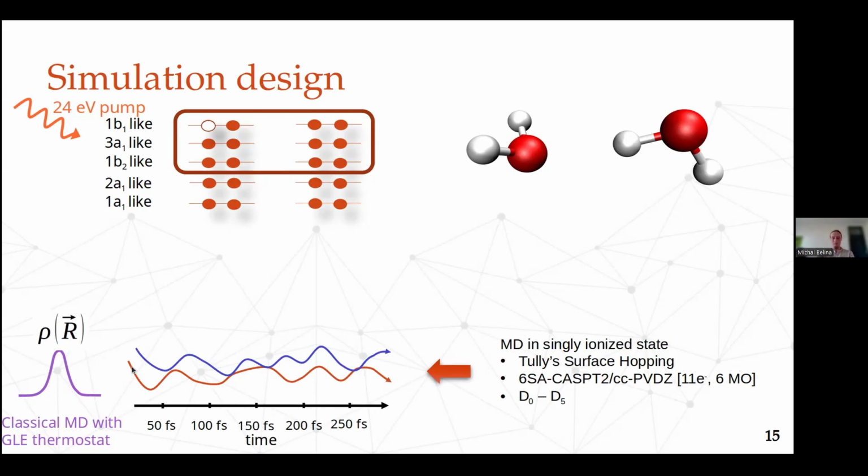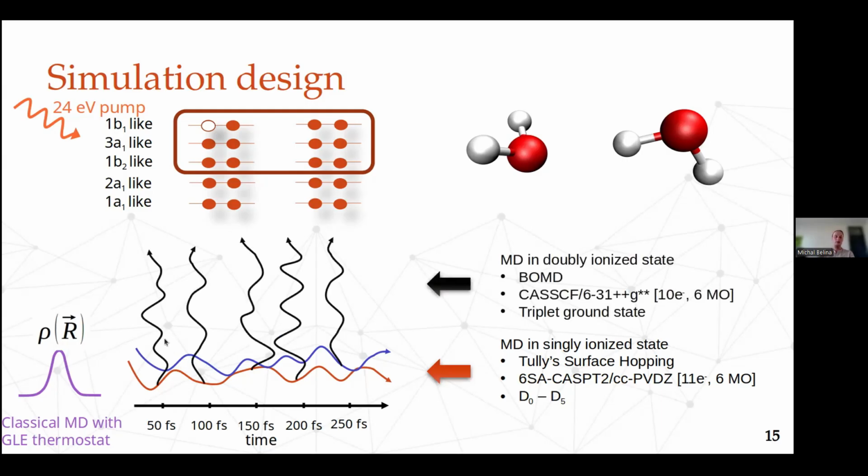And these dynamics in this singly ionized state represent what's happening after the first ionization. Then, as you already know that there were 2 ionizations, we simulate what's happening after the absorption of another photon, and second ionization, with another molecular dynamics in the doubly ionized state in this case.